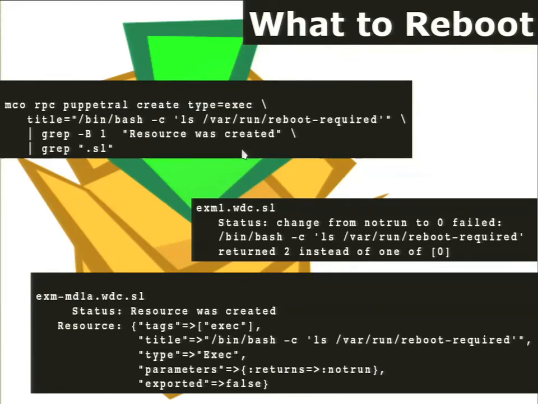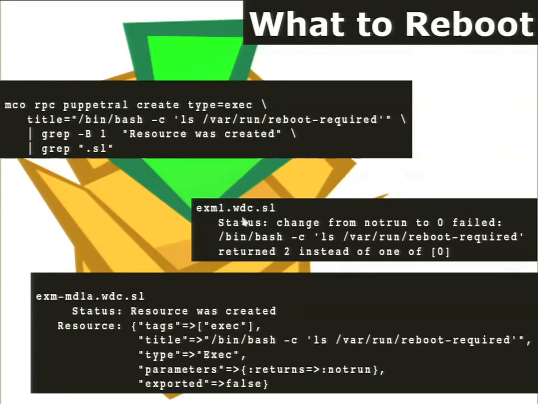In this case, it's on Ubuntu, but Debian based, I believe it's the same thing. If a package requires reboot, it will create a file at /var/run/reboot-required, the reboot required file, and you can use Puppet mcollective to search for this file across your entire infrastructure. And if the file is present on a server, it will output this.